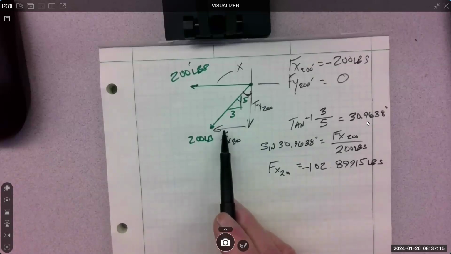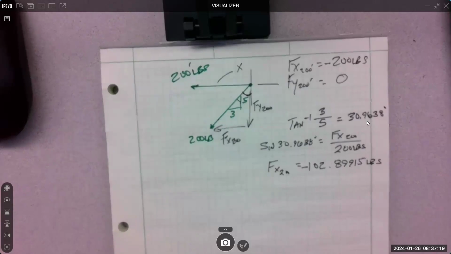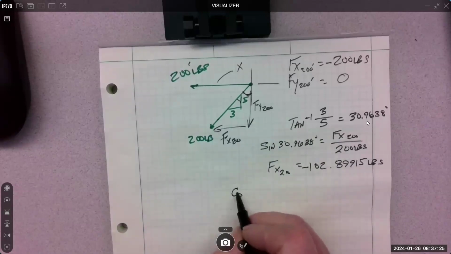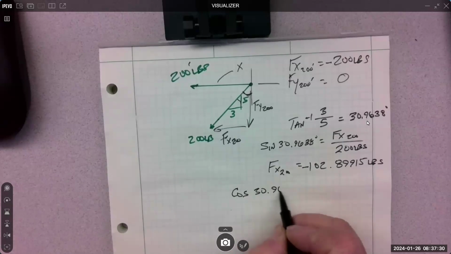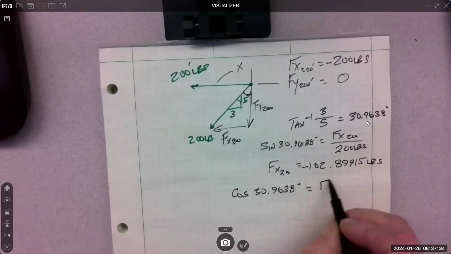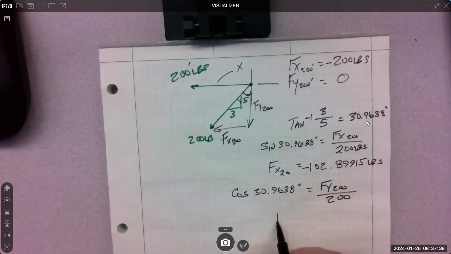It is going negative. And then this y component is going to be cosine of 30.9638 degrees equals Fy of the 200 prime over 200.